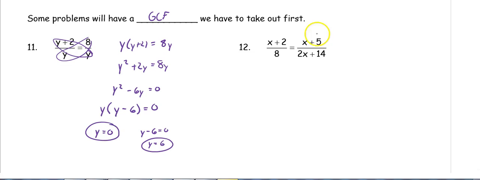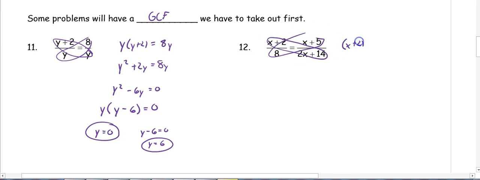Number 12, when I cross multiply, we have x plus 2 times 2x plus 14 equals 8 times x plus 5. So when we distribute, we get 2x squared plus 14x plus 4x plus 28 equals 8x plus 40.